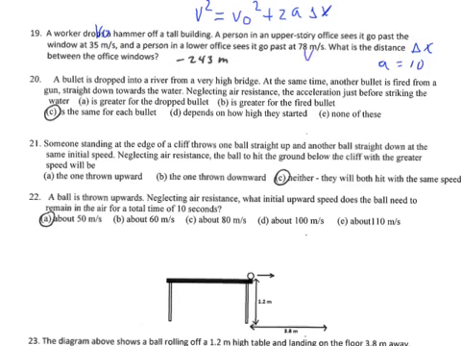A bullet is dropped into a river off a very high bridge. At the same time, another bullet is fired upwards from a gun. So let's see. Neglecting air resistance, the acceleration. Be careful here. This is a classic trap question in physics. Acceleration doesn't change. It's not that they're trying to trick you when we ask these questions.